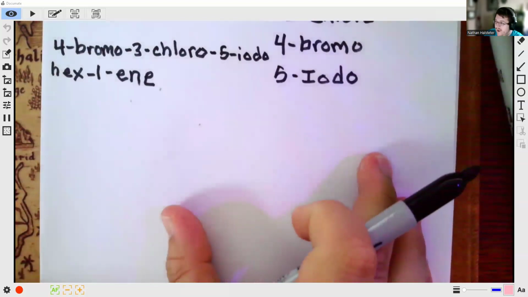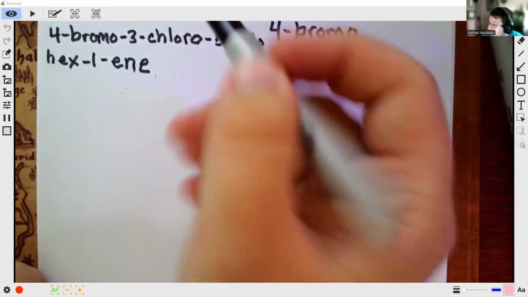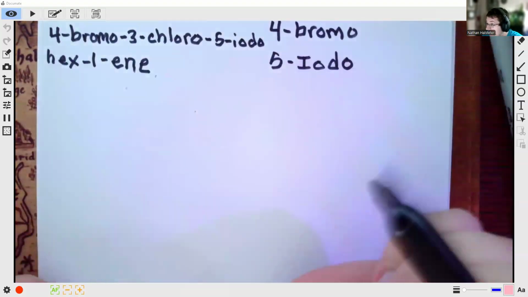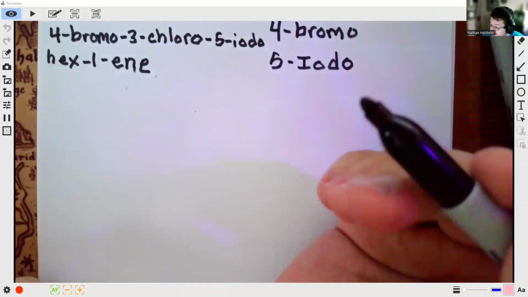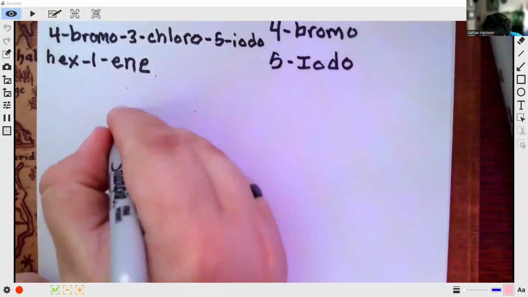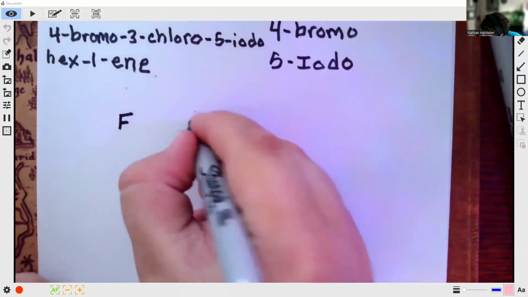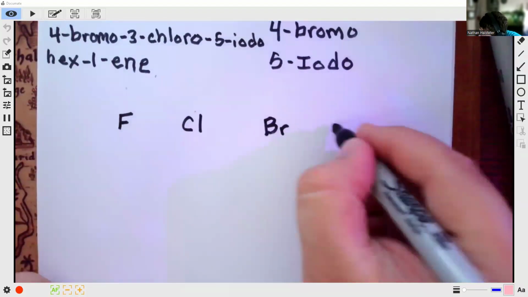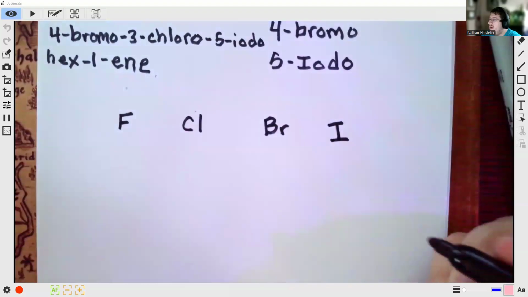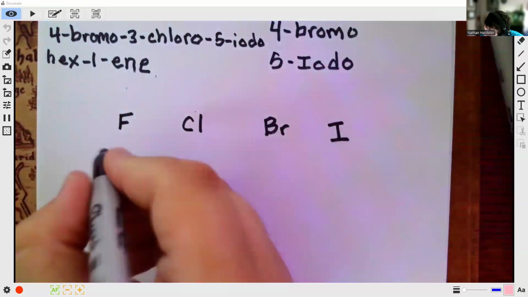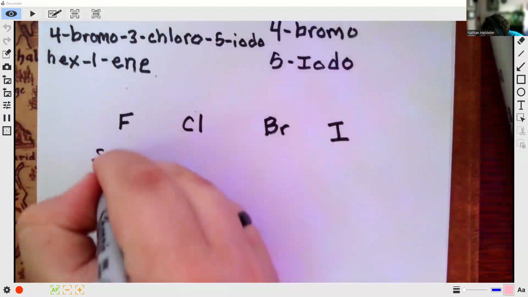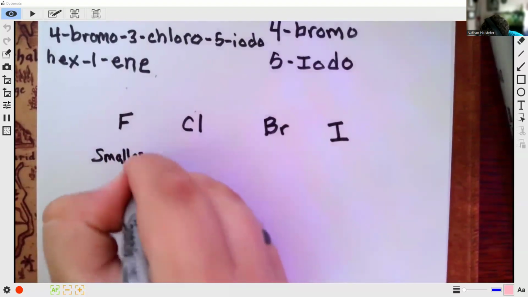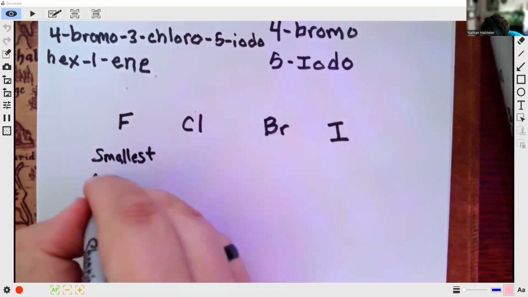So let's talk about the halogens quickly. We know a lot about alkenes. We spent a lot of time talking about them. But let's talk about our halogens. So there's 4 in total. 3 we really focus on. Fluorine, chlorine, there's actually more than 4. Bromine, and iodine. Fluorine is the smallest, and it's also the most electronegative.